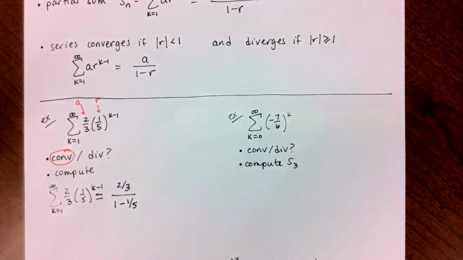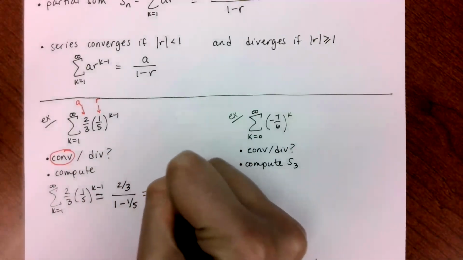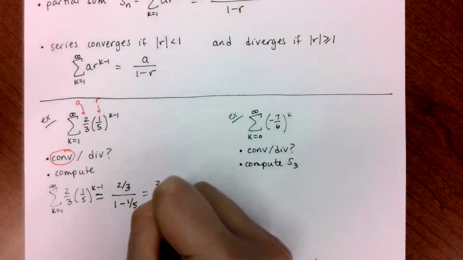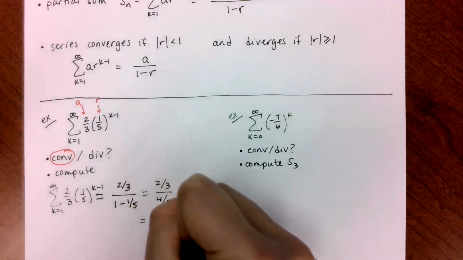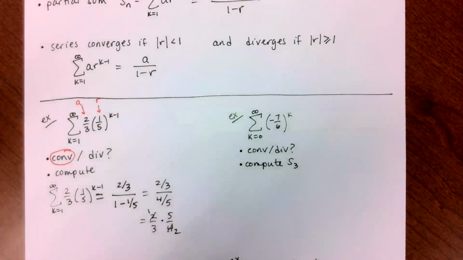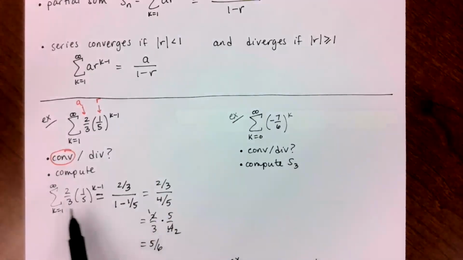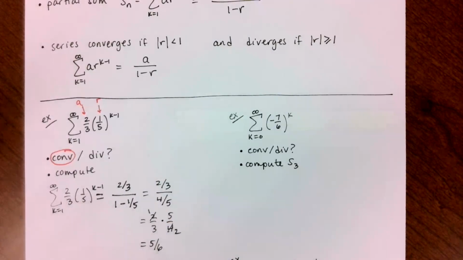This is annoying by hand, but it's doable. 1 minus a fifth is 4/5. So this is 2/3 divided by 4/5. That's 2/3 times 5/4. We can do a little bit of canceling here, and I get 5/6 as the total. So if you could add up these numbers forever and ever and ever, they would total to exactly 5/6.